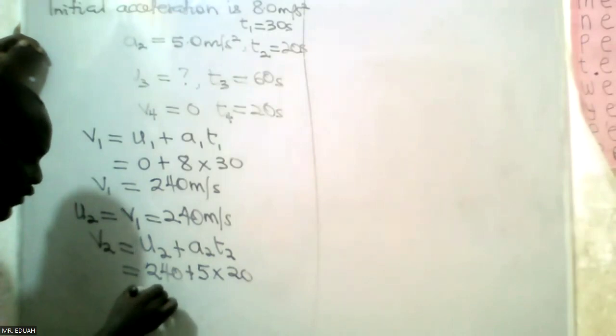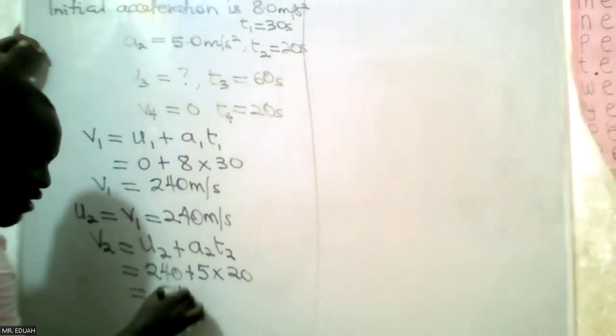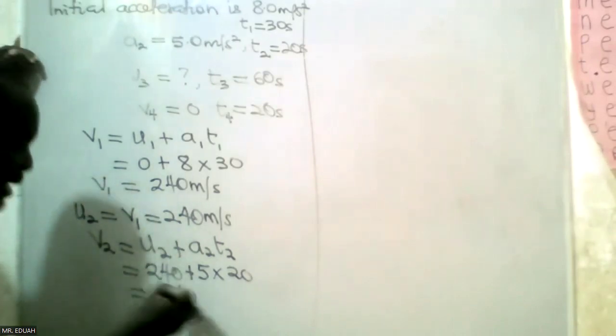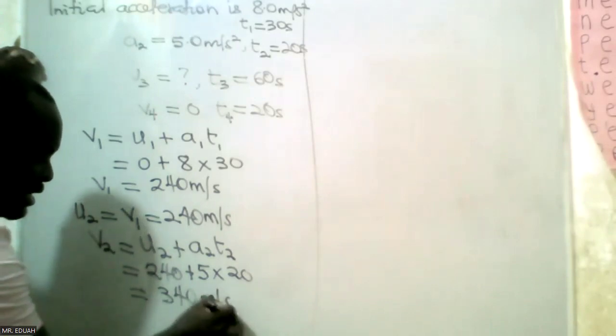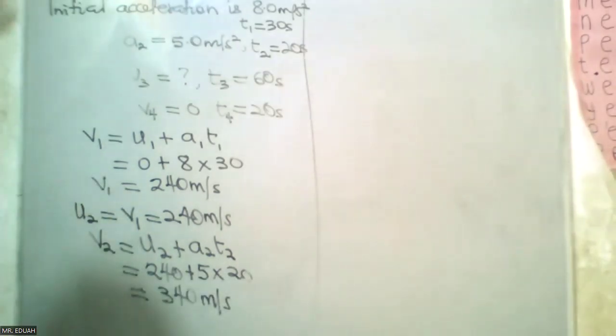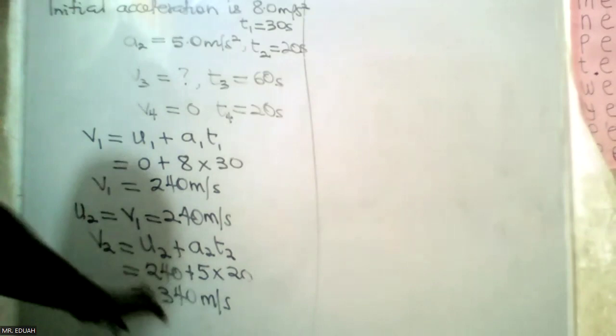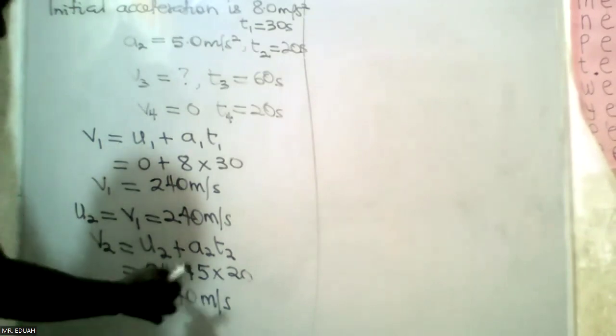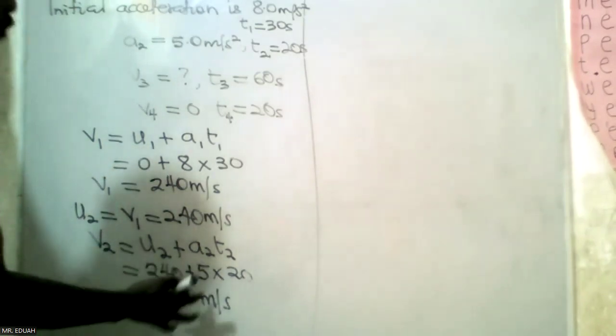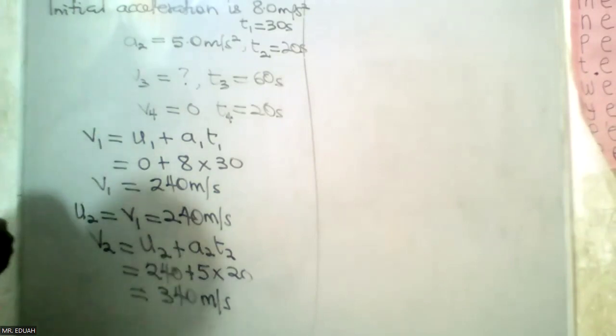So we have 340 meters per second. So that will be the final velocity when the acceleration is reduced from 8 to 5.